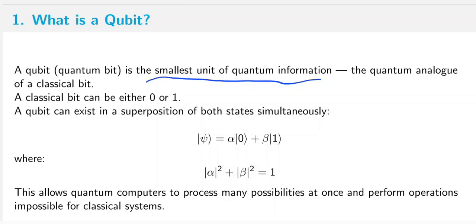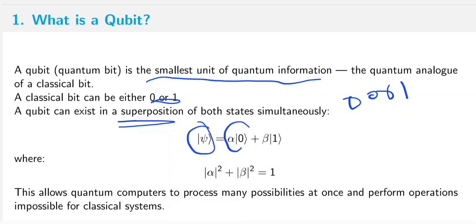In a normal computer, a bit can be either 0 or 1. But in a quantum computer, a qubit can be 0, 1 or even both together, which we call superposition. Mathematically we write it as ket psi equals alpha ket 0 plus beta ket 1.